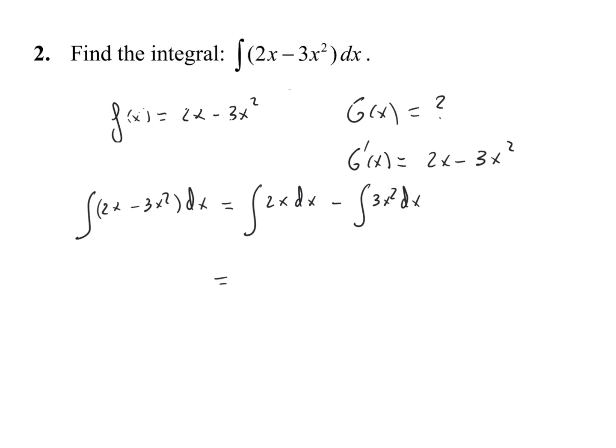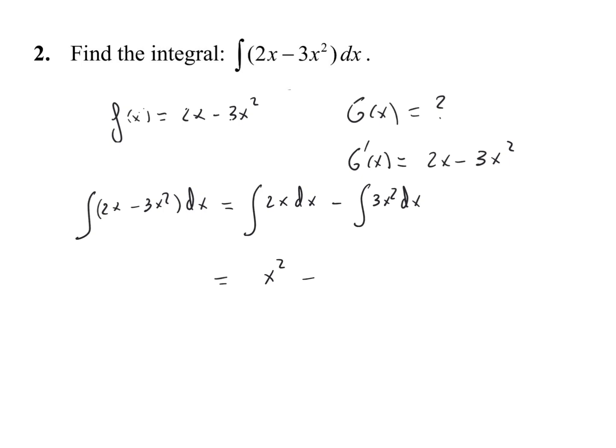What is the antiderivative of 2x? It is the function that when I take the derivative, I will obtain 2x. This is x squared. What equation am I using? The power rule.